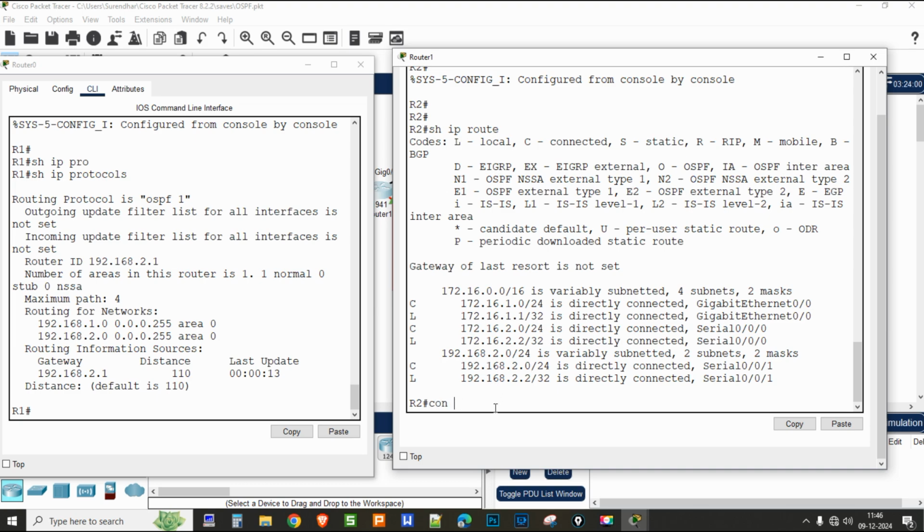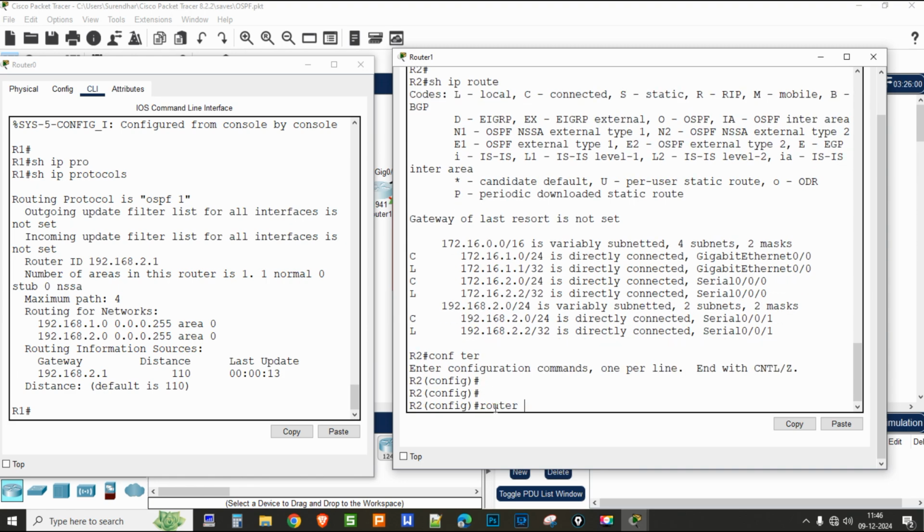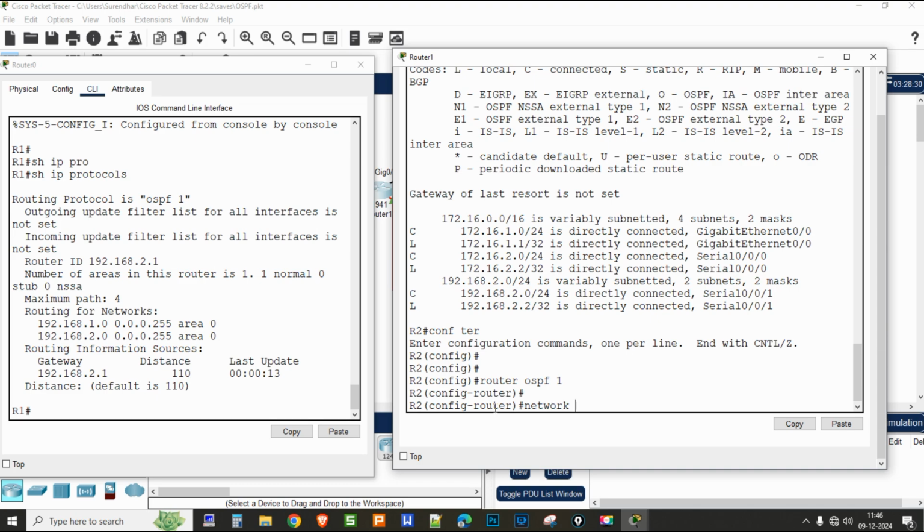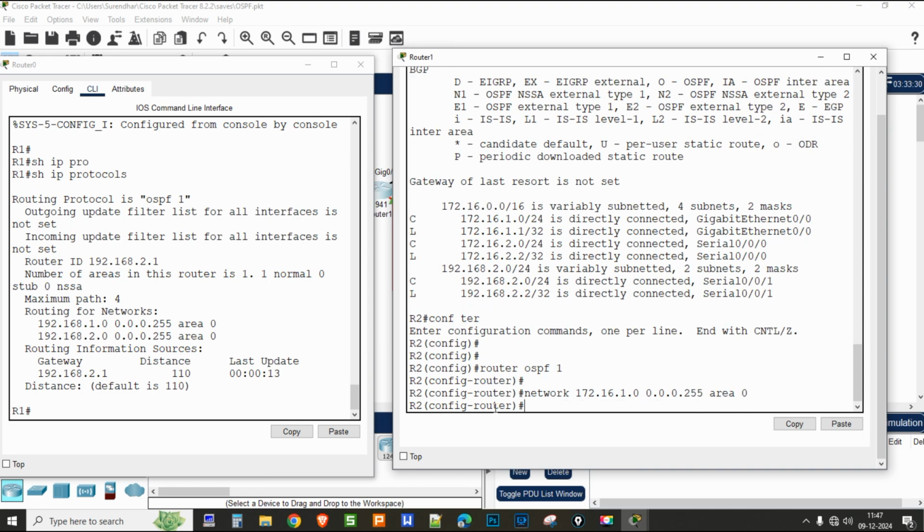Config terminal, global configuration, then router OSPF 1. Here 3 networks are connected: 172.16.1.0, followed by the wildcard mask, then area 0, using the up arrow key to edit the previous command.